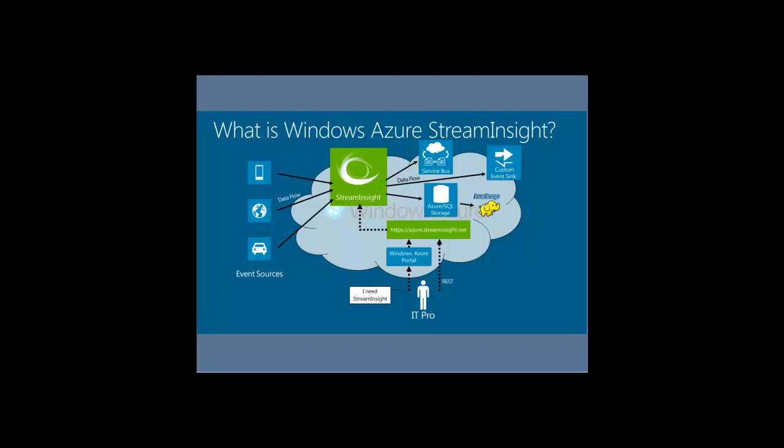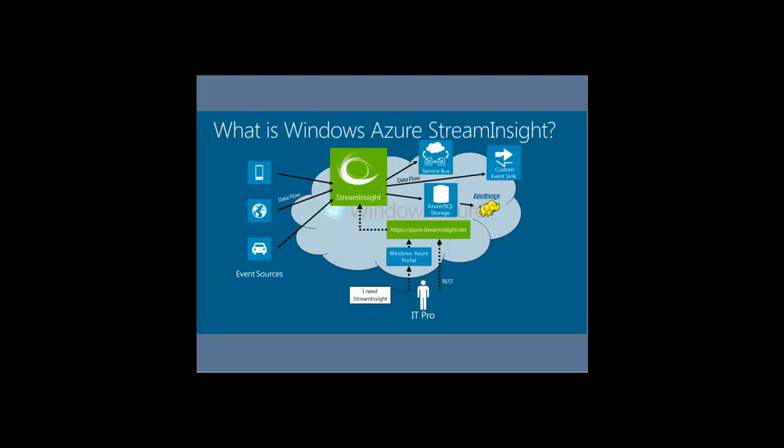Eventually, this is a service that is supposed to be part of the ecosystem of Azure. Right? You go to the Azure portal, you can provision compute and websites and storage and SQL Azure and Service Bus, and eventually also StreamInsight. So that will be the model of the interaction. The Azure portal would then go against the APIs and create a StreamInsight instance in the cloud.